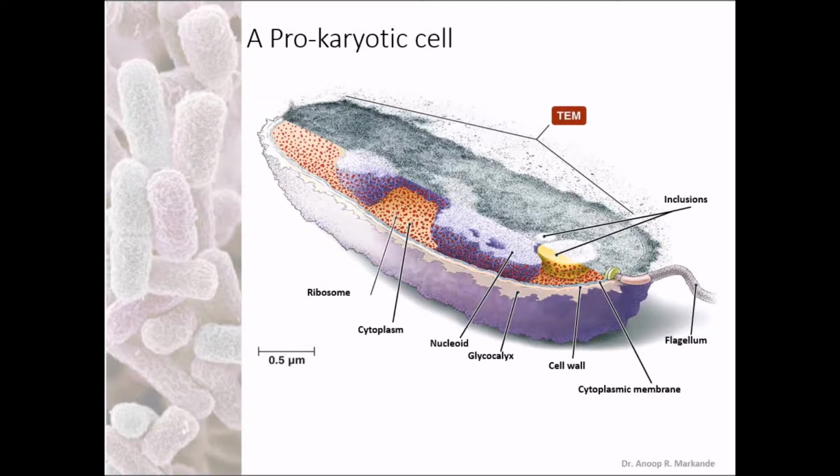It has inclusions within the cell, also a flagellum, a cell wall, glycocalyx, a nucleoid, cytoplasm, ribosomes, and cytoplasmic membrane. This is the basic structure of a prokaryotic cell.